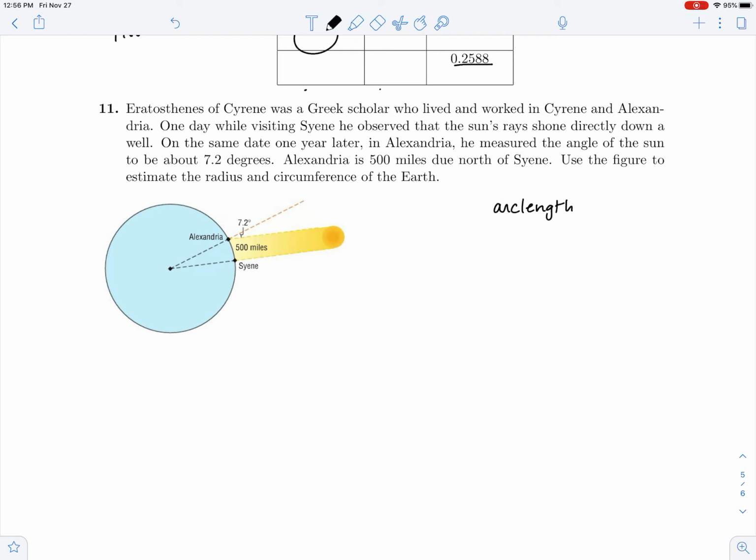It's not actually hard to set up because when you have a circle, the arc length is the length of this arc right here. We call it S. And it's just r theta, theta in radians.